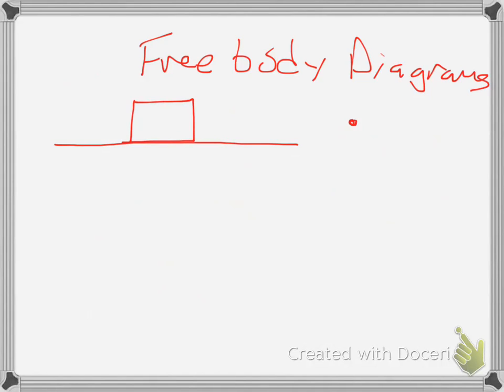I'm going to put it down here. So what are the forces acting on that body? Notice, free body. I'm going to free it of that body and make a diagram down here that's free of the actual diagram. This makes it easier to look at.